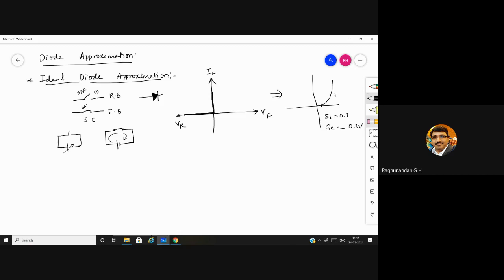So that means it is going to have an internal battery. They assumed that it is going to act like a battery, so it has some battery characteristics. Keeping that in mind, they went for the second approximation.